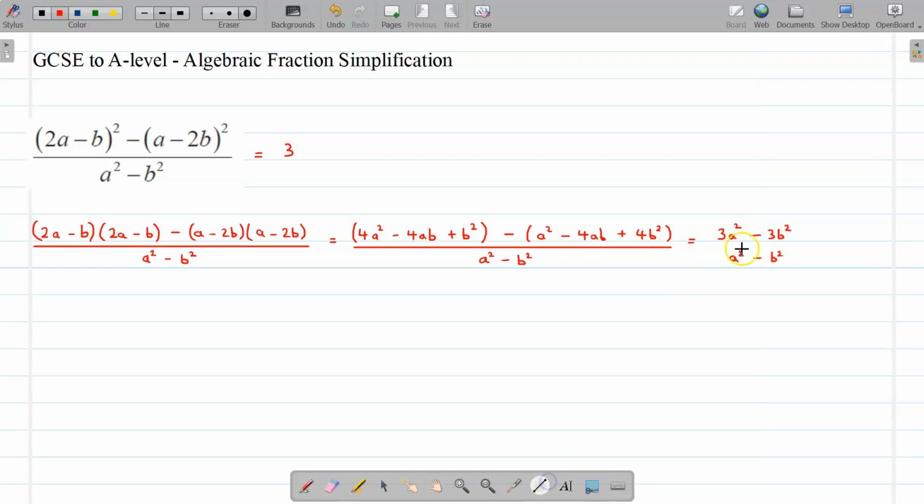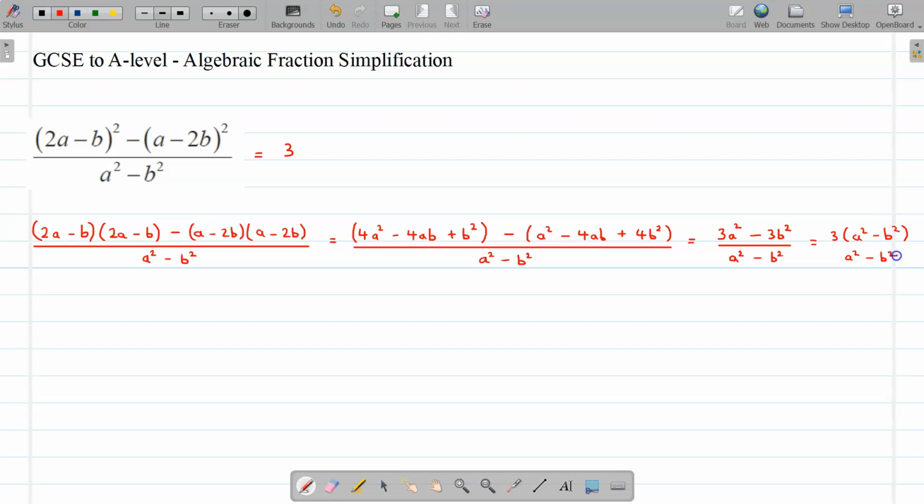Now we may already be able to see that we're nearly there, because you now have a common factor of a squared minus b squared on the top and bottom. So I can rewrite the numerator as 3 lots of a squared minus b squared, and the denominator is just a squared minus b squared.